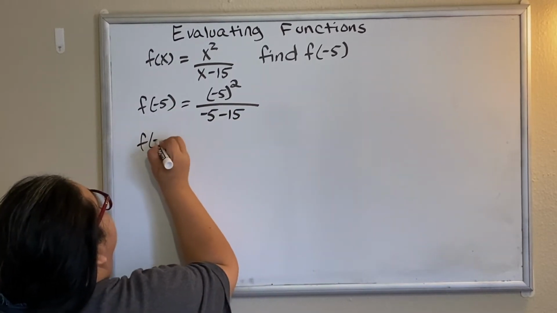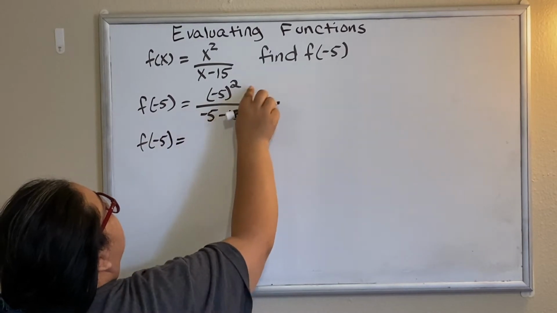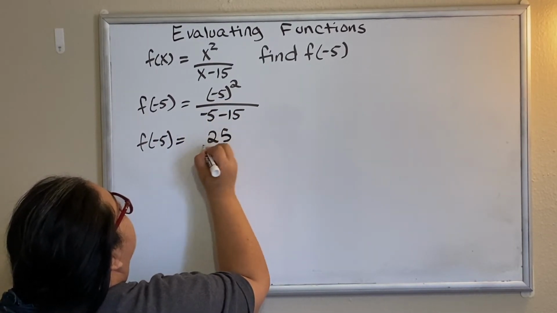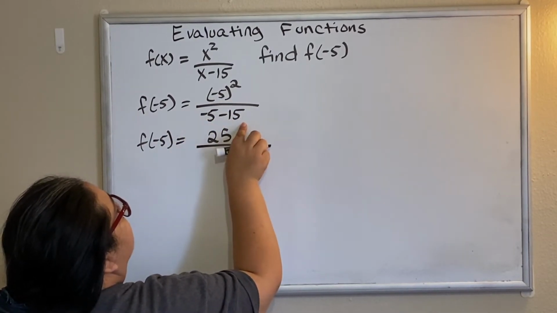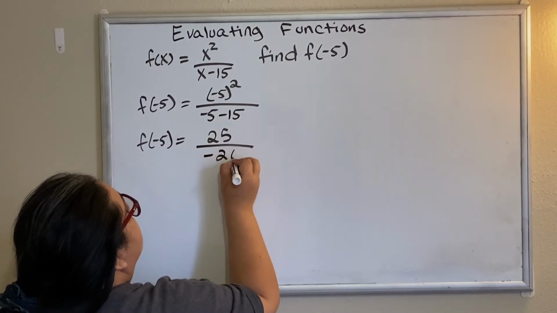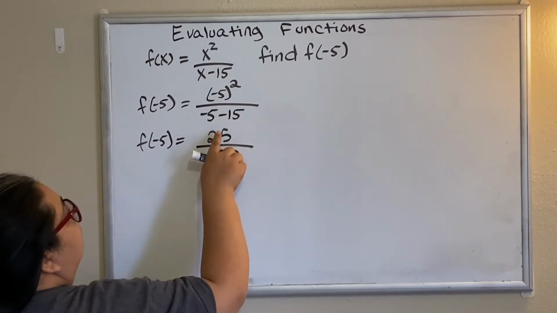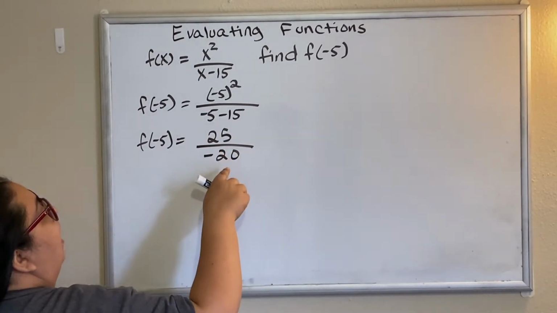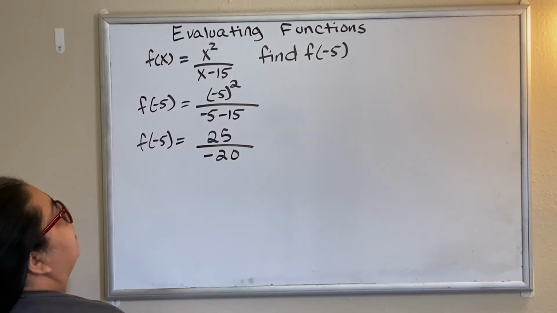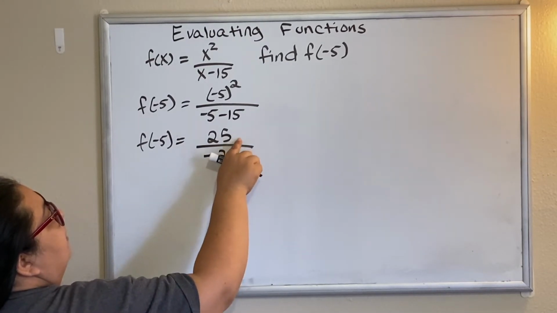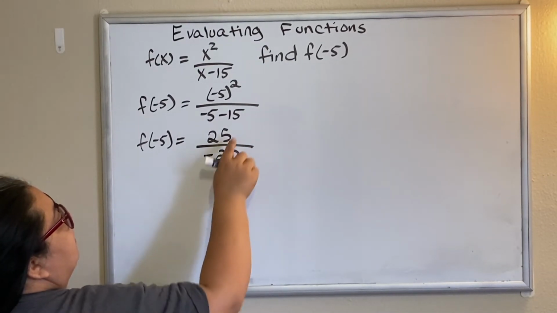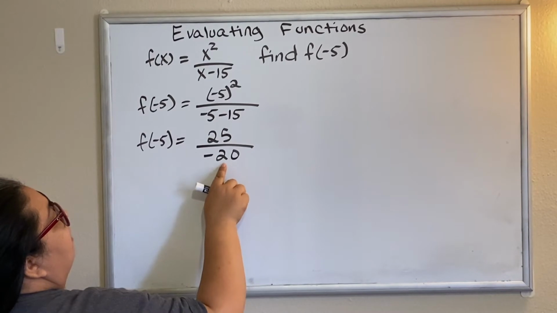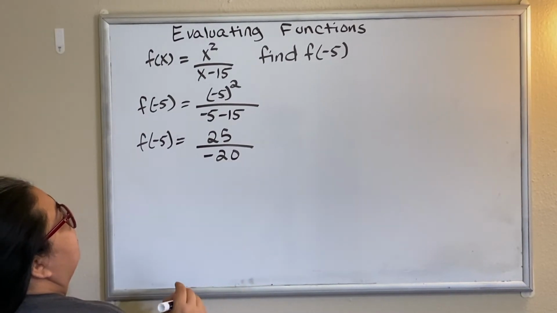So f of negative 5 equals negative 5 squared is 25, over negative 5 minus 15 is a negative 20. So now we have 25 over negative 20. We can reduce this by 5 on both the numerator and denominator. If I divide 25 by 5, that's going to be 5. And if I divide negative 20 by 5, that's going to be negative 4.